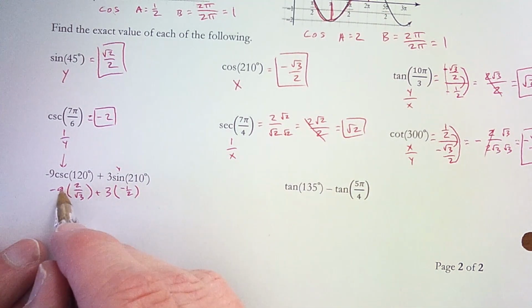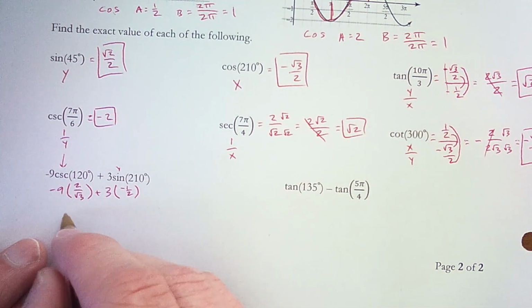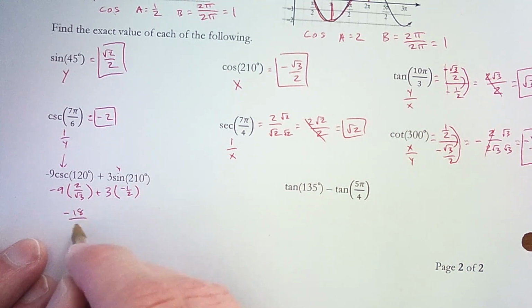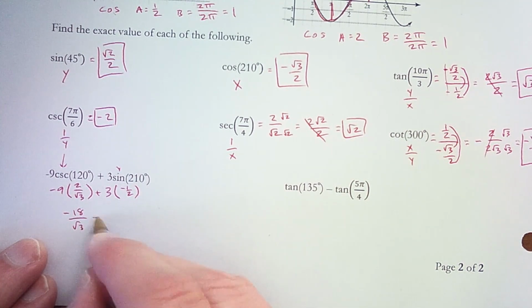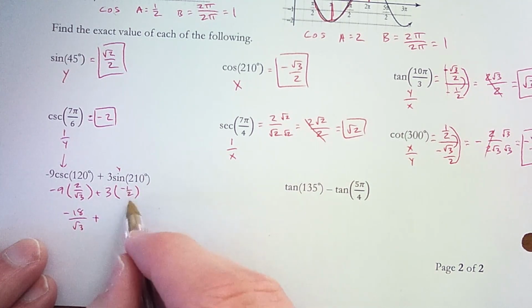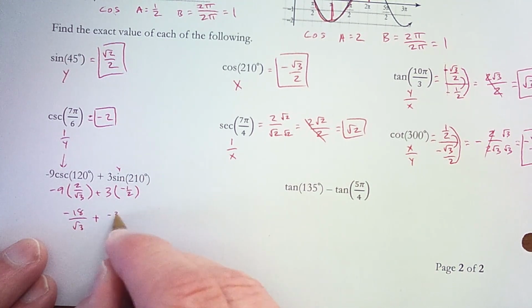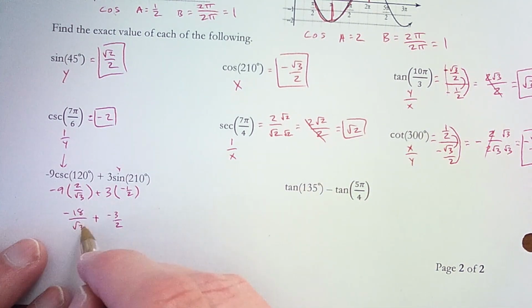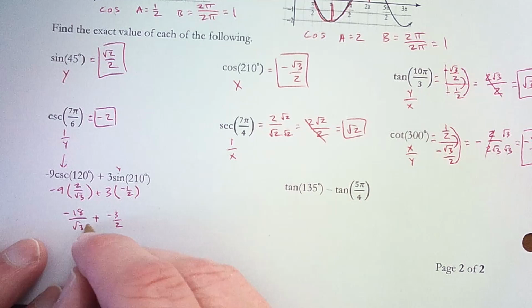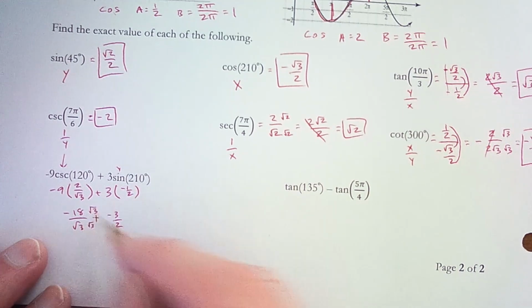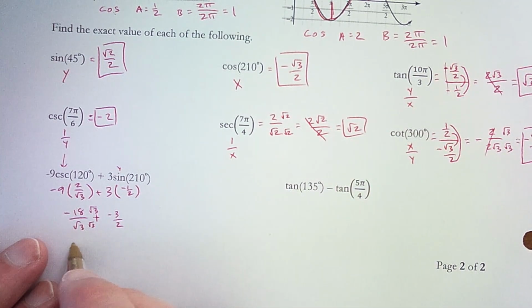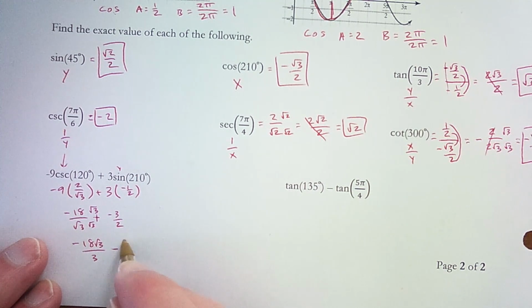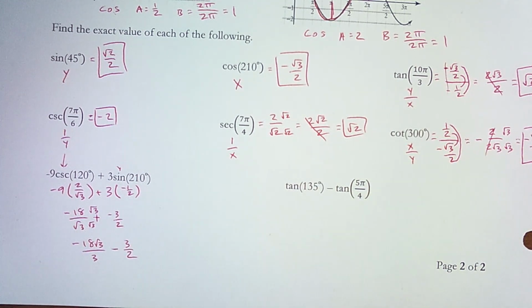Okay, so now we can multiply. Negative 9 times 2 over root 3 is negative 18 over the square root of 3. And then plus 3 times negative 1/2 is negative 3/2. So we need to cancel out this radical, so multiply by the square root of 3 in the numerator and the denominator, and we get negative 18 times the square root of 3 over 3, plus negative, so I'll just call that minus 3/2.